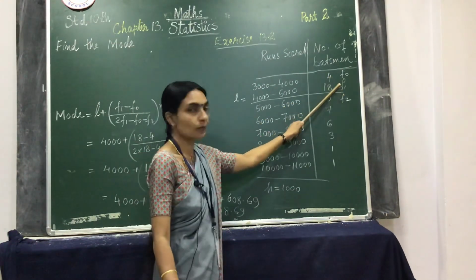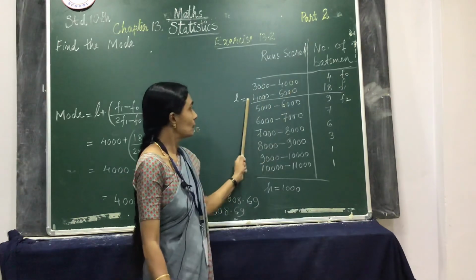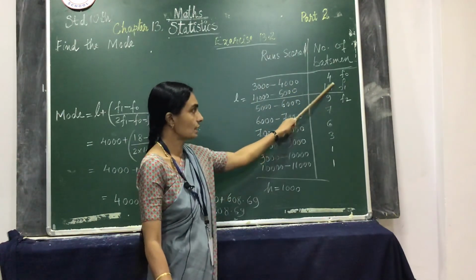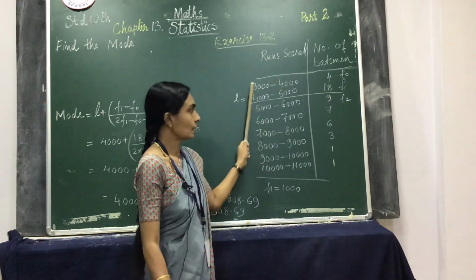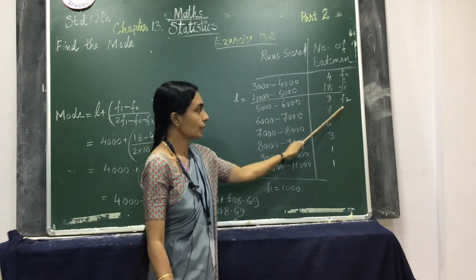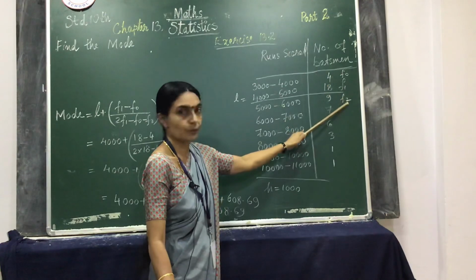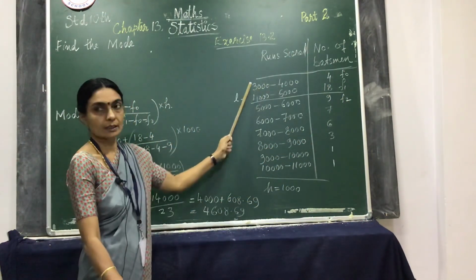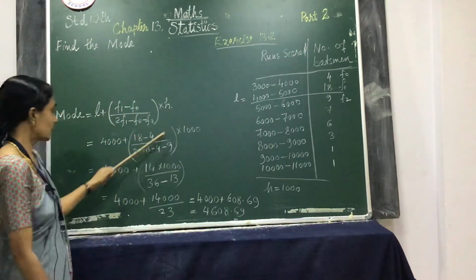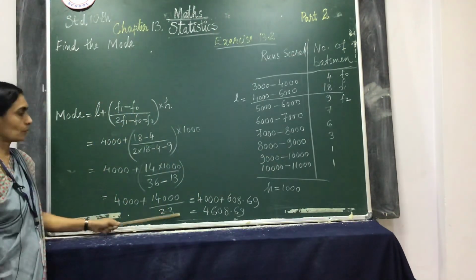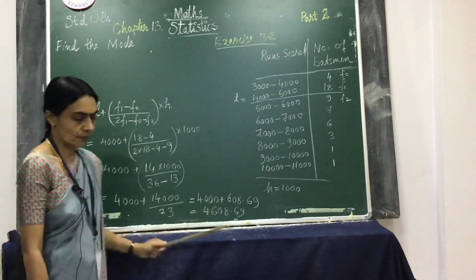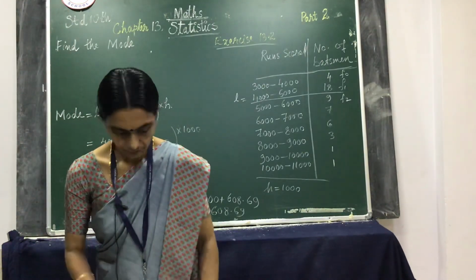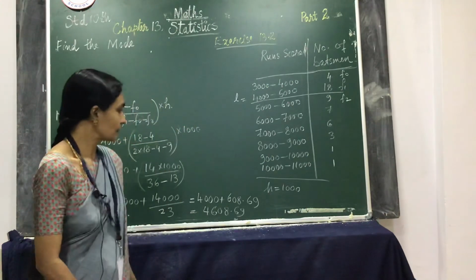First we have to mark f1, the modal class lower limit, the modal class is the highest frequency class interval, and f1, f0, f2 in order, and h is the difference between the class limits. And directly substituting in this formula, we have the answer 4608.69.